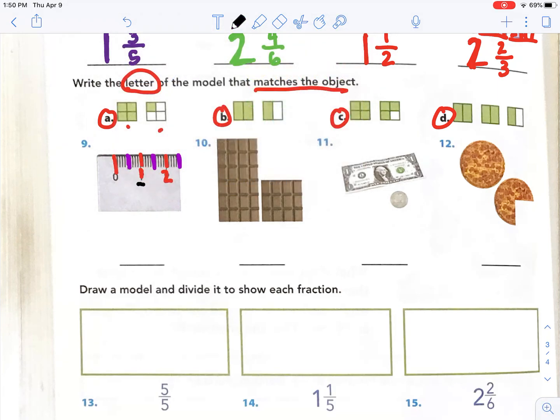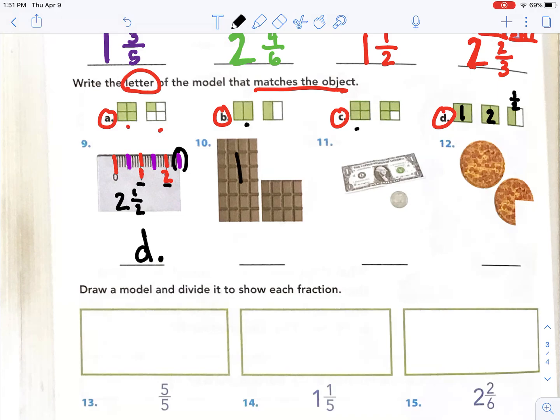We have 1, 2 plus the other half. This one is 2.5. And see if that one matches. Nope, there's only 1 whole there, 1 whole there. 2, there it is. 1, 2, and there's the half. Okay, so this is letter D.